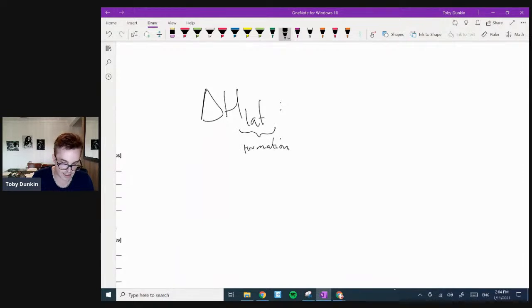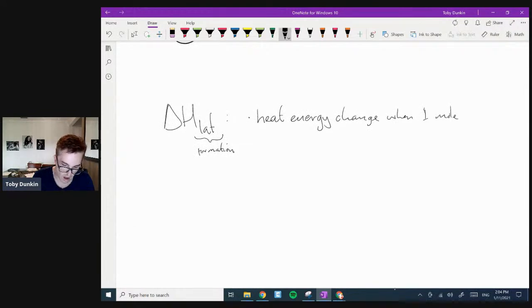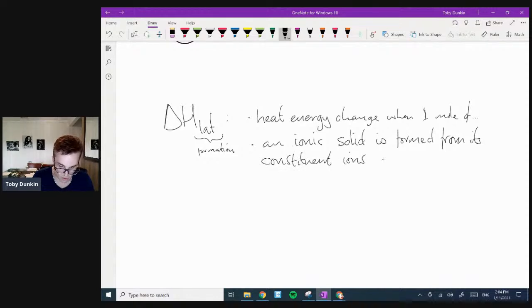So this is the heat energy change, or enthalpy if you prefer, heat energy change when 1 mole of an ionic solid is formed from its constituent ions, all under standard conditions.